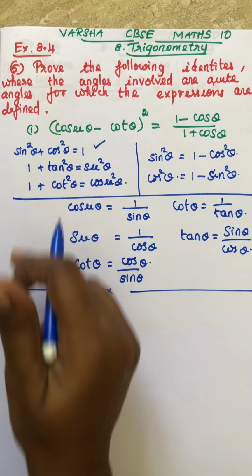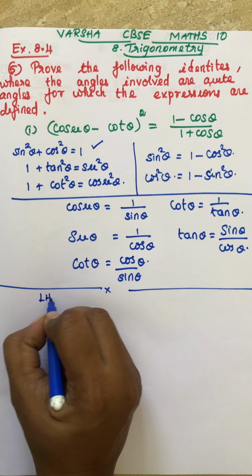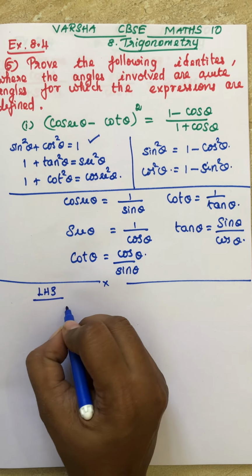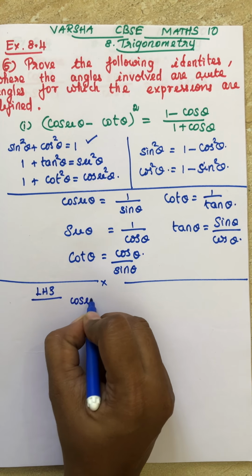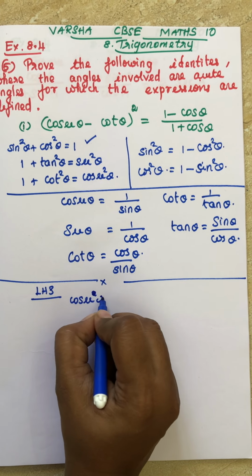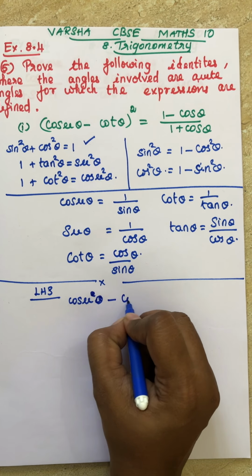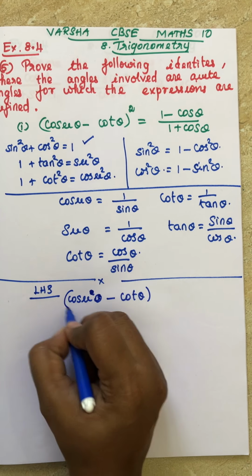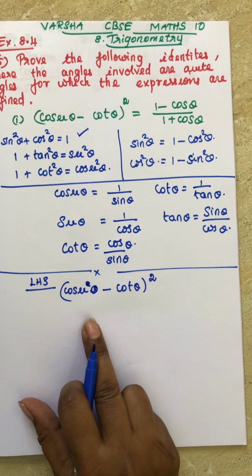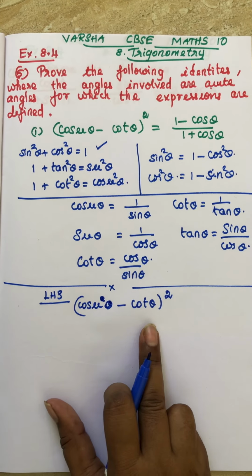So take your LHS. What is that LHS, students? In this sum, the LHS is equal to cosecant theta minus cot theta, the whole square. See, this is your question.